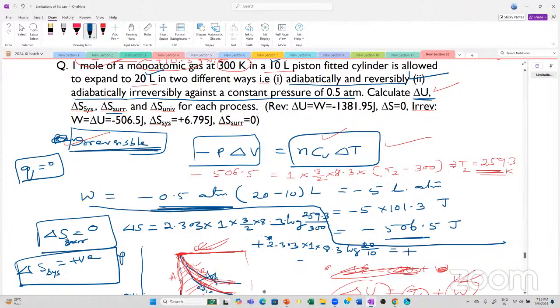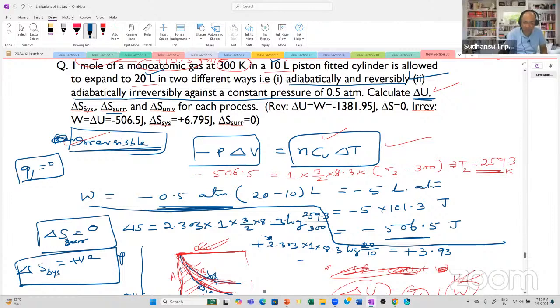Plus, sir, 3.938. This many joules per Kelvin. Because 1 mole is given, there is no per mole, so it is joules per Kelvin.